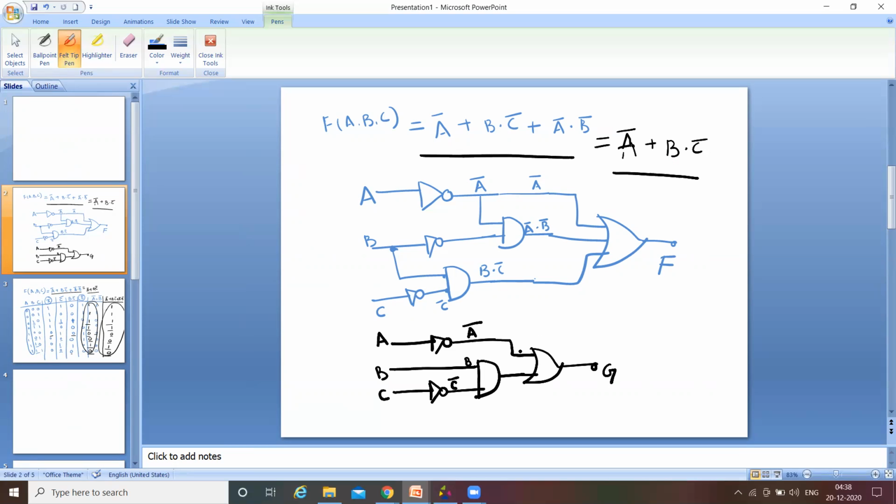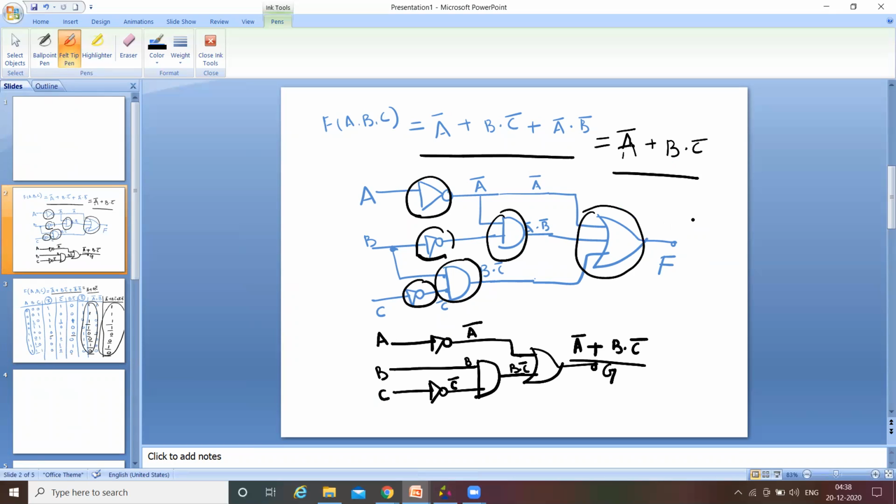Here this input is A bar, this is B dot C bar, so this becomes A bar plus, OR operation, B dot C bar. Now observe here, previously this is gate number 1, gate number 2, gate number 3, gate number 4, gate number 5, and gate number 6.